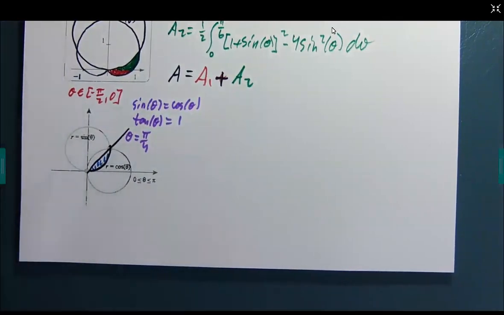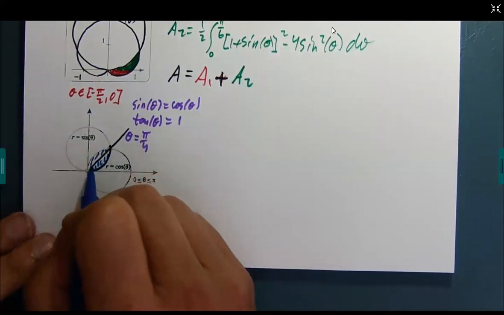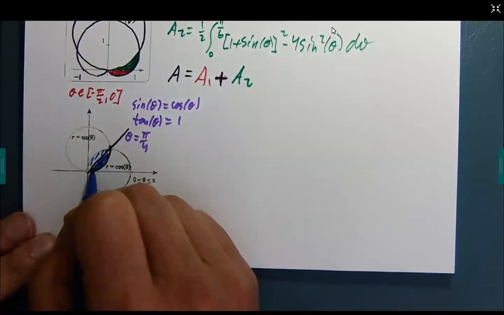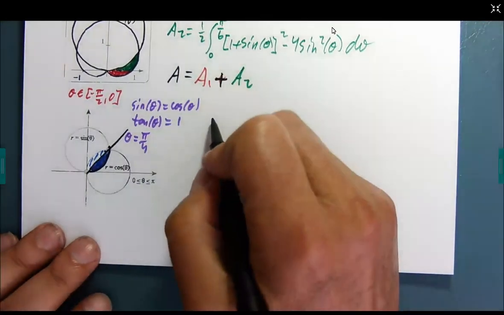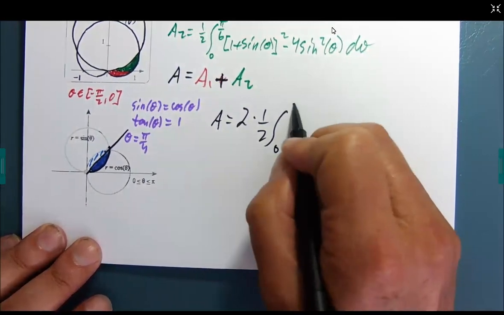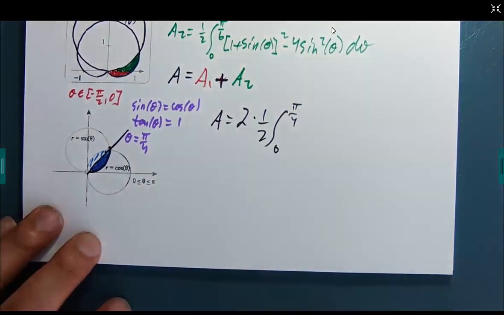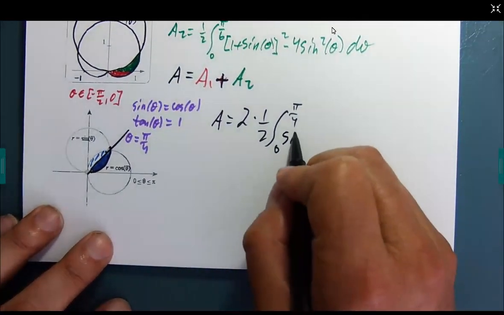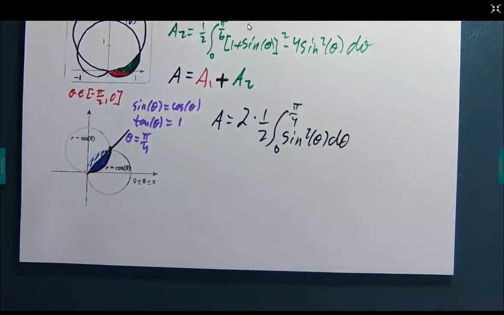So my overall area of interest, which is the whole thing, but I'm only going to integrate that and then double it. So here we go. The area is 2 times 1/2 the integral from 0 to pi over 4 of just the one function. So this is going to be sine squared theta. There is just the setup.